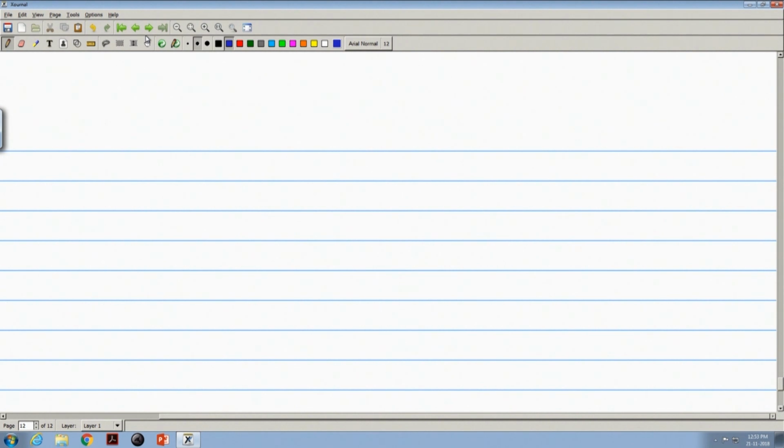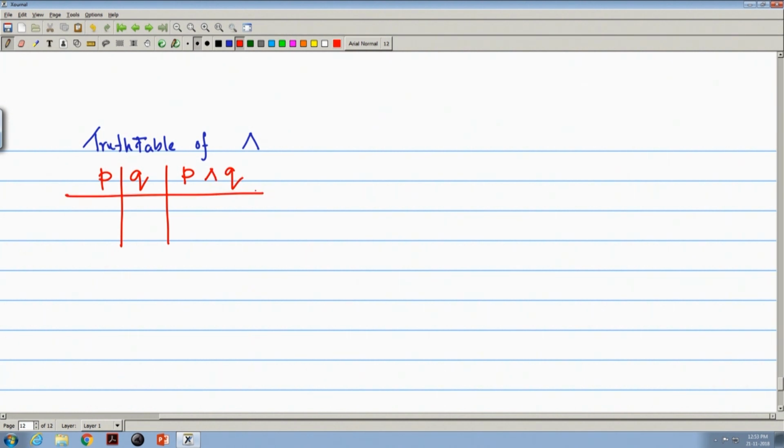Now, we see the conjunction and disjunction. The truth table of conjunction: I can write P, Q and P and Q. Now P, Q can take 4 values.